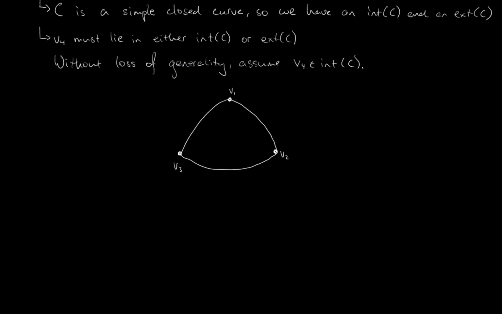And because we assume that V4 lives in the interior, let's put it right here, V4. And because we have the complete graph, we have edges between V1 and V4, V3 and V4, and V2 and V4. Not a curve, let's make it straight.